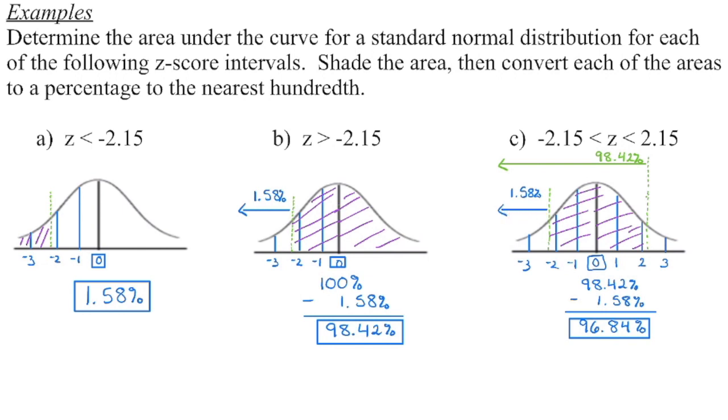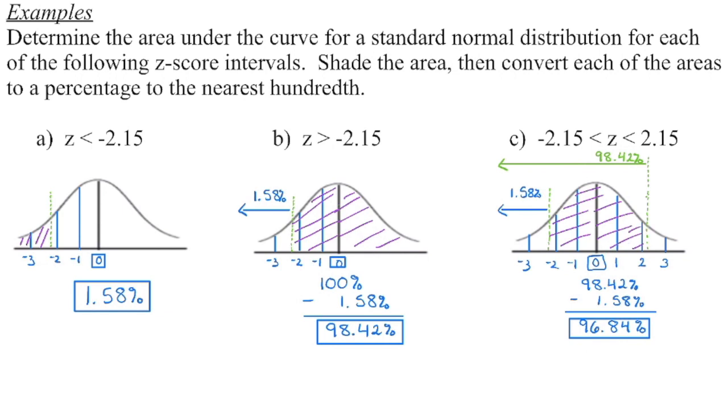I can use my z-score table to look up what percent of the data is less than 2.15 because the z-score table does give me that data to the left. So if I do that, I can see on my z-score table that 98.42% of the data is less than 2.15. So what I want to do is take this percentage, remove the part that is not shaded, and that gives us 96.84% of the data in between those two values.